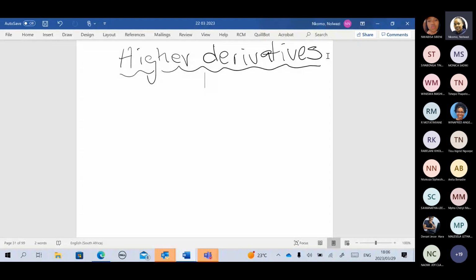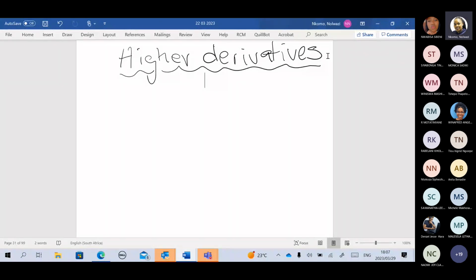The reason we need to learn higher order derivatives is because they can capture information about functions that the first order derivative cannot capture.